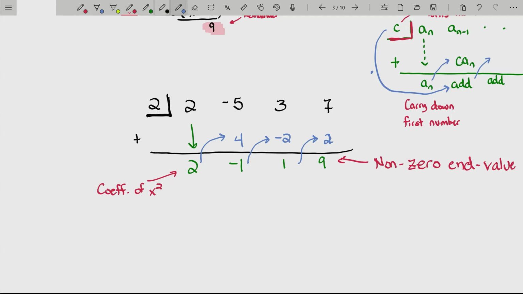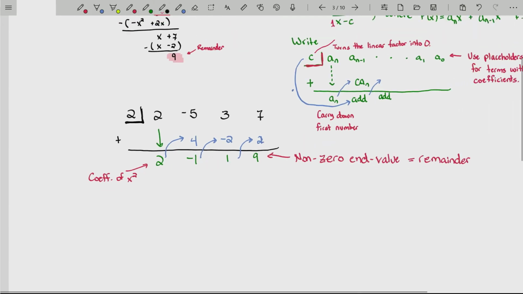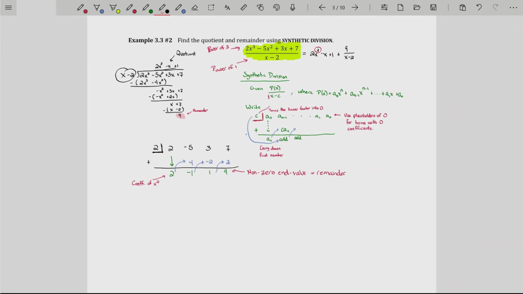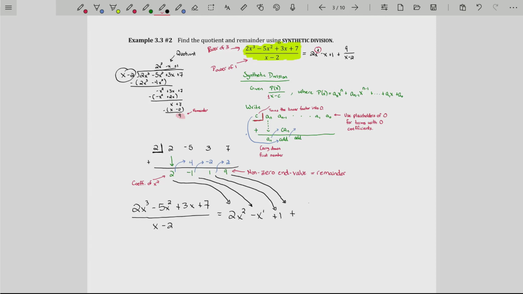So now we know that the fraction 2x cubed minus 5x squared plus 3x plus 7 divided by a linear factor of x minus 2, it will end up being a 2x squared minus 1x to the first plus 1 plus the remainder of 9 over the original divisor, x minus 2.